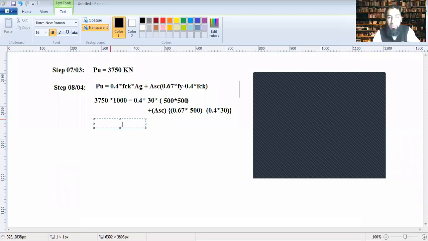Let others also check. Two three two one.